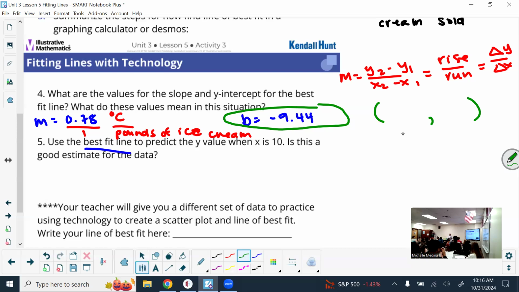Okay. For every y-intercept, what is the x value? Thank you. And then if this is my y-intercept, then that's my y value. Right? For every y-intercept, your x is 0. Look at your y-axis. All those x's are 0 there. Then think about what each one represented. X was your pounds of ice cream.